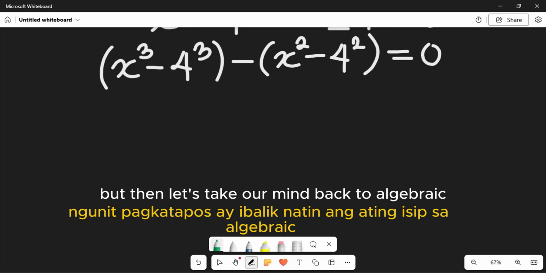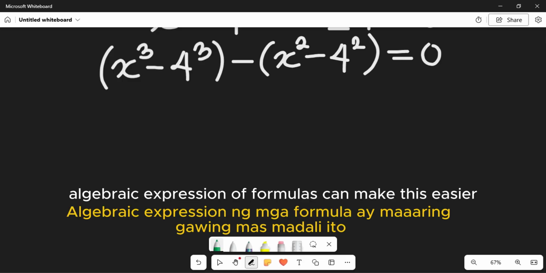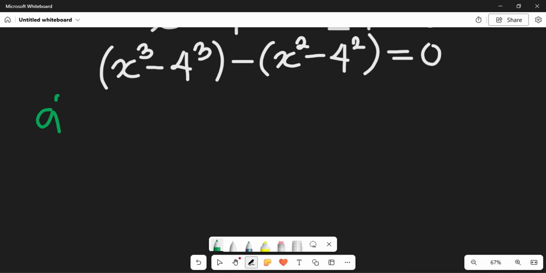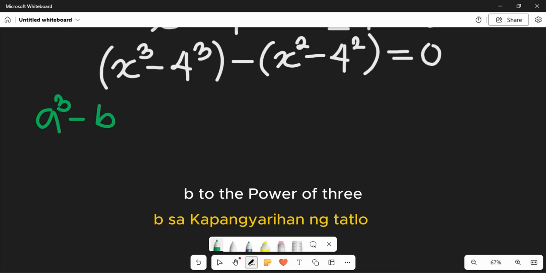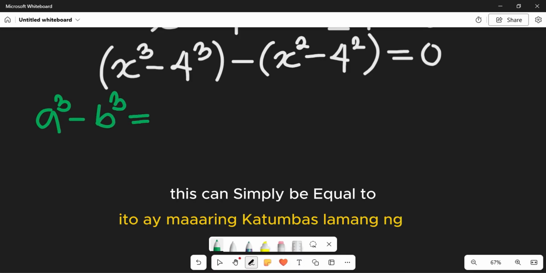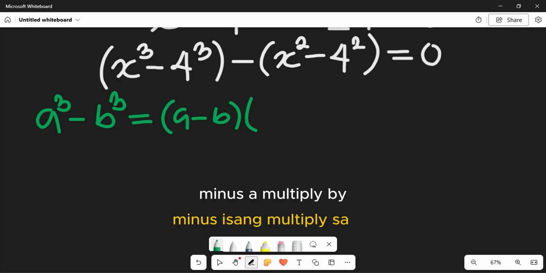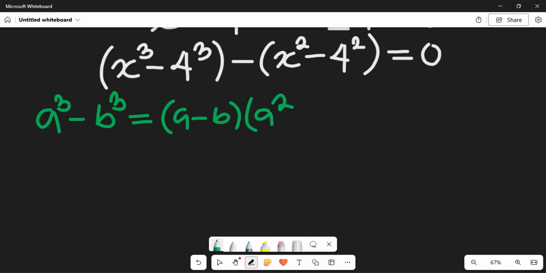But then let's take our mind back to algebraic expressions. Algebraic formulas can make this easier for us. Now, from algebraic formulas, remember we have a to the power of 3 minus b to the power of 3. This can simply be equal to a minus b multiplied by a square plus ab plus b square.